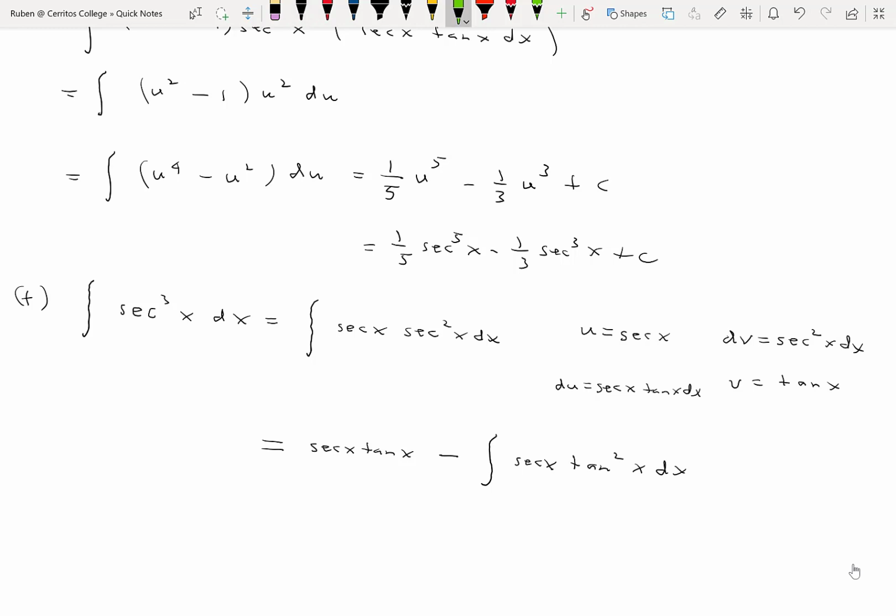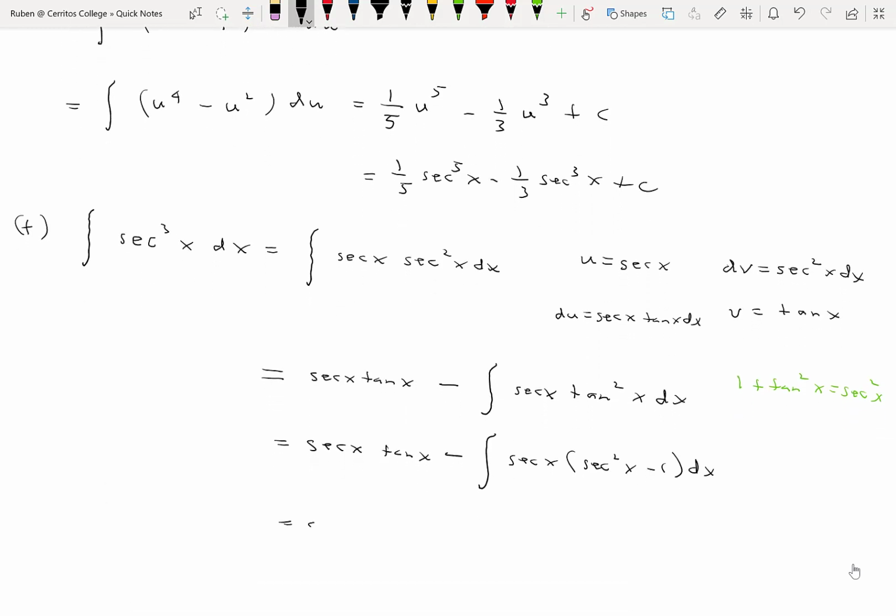And then use that same identity we've been using frequently, 1 plus tangent squared is secant squared, to rewrite that integral in terms of only secants. So this is secant x tangent x minus the integral of secant x times secant squared x minus 1.